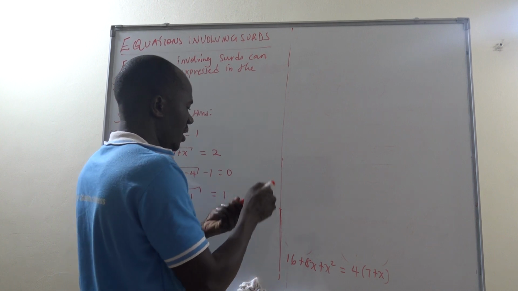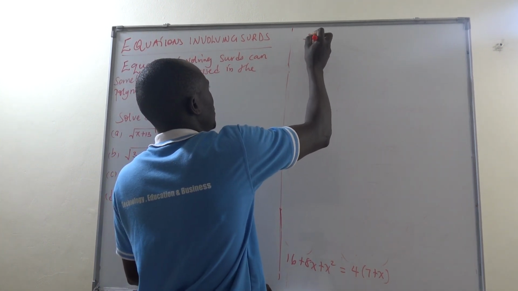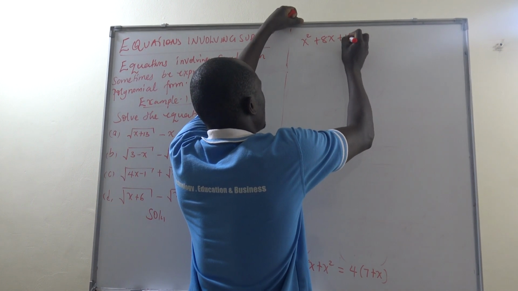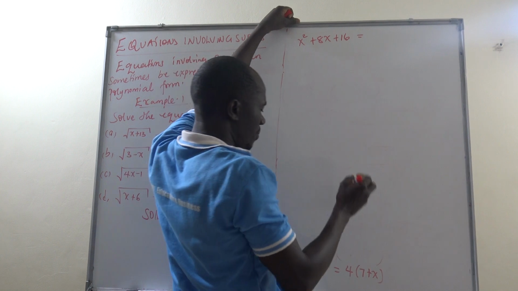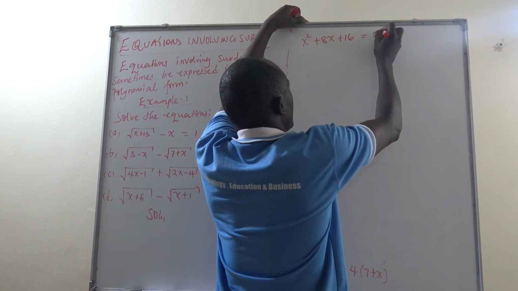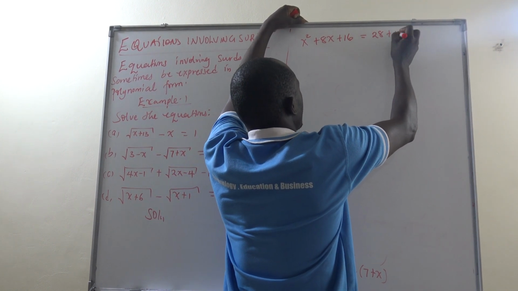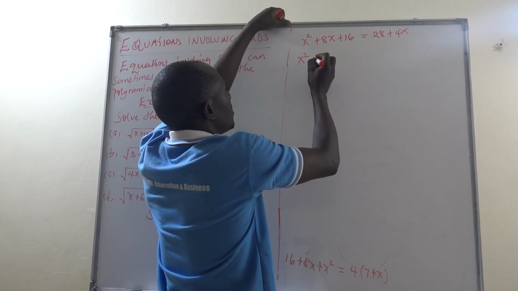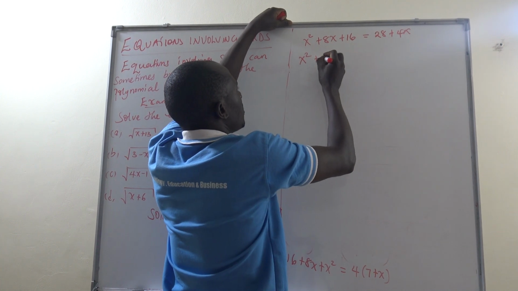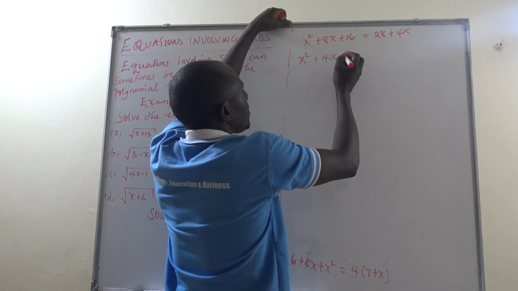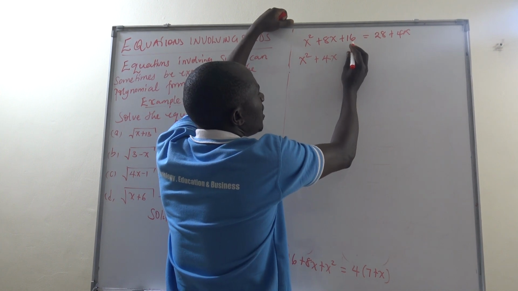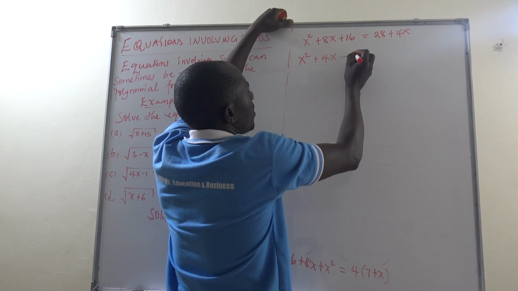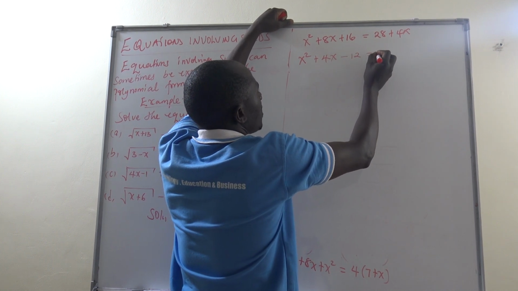We are having x squared plus 8x plus 16 equals, open 4 times 7, that is 28 plus 4x. So we collect like terms, we are getting x squared plus 4x. Then we have 16 minus 28, we are going to get minus 12 equals 0.